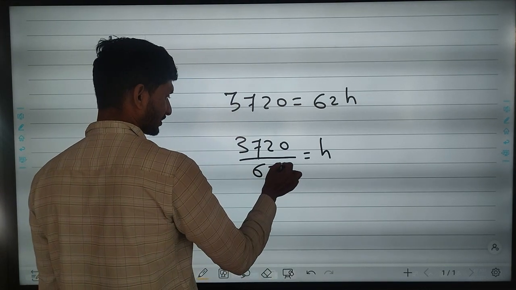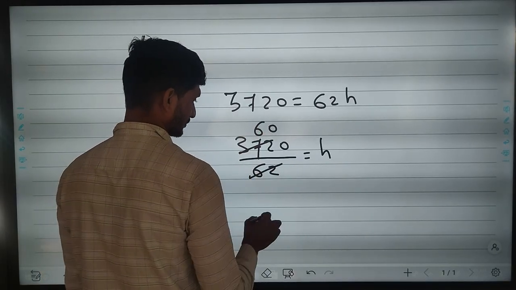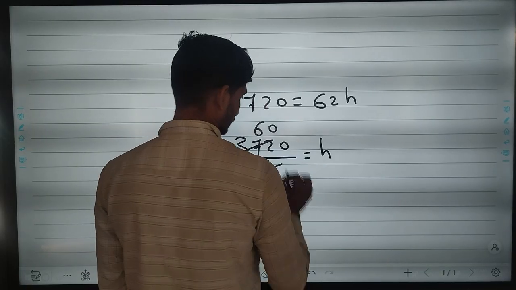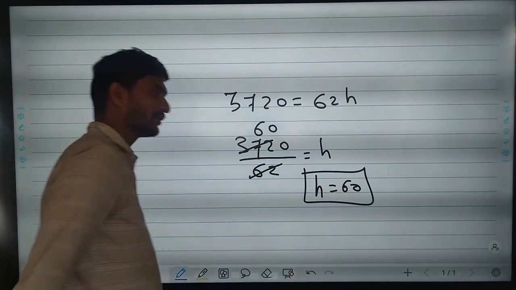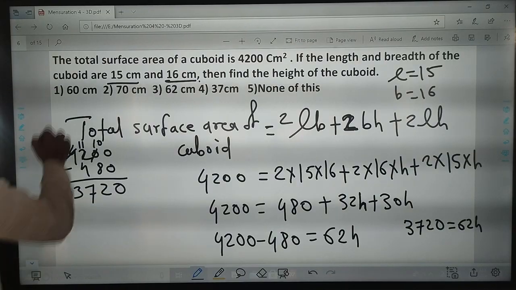Now your value of height is equal to 60. Value of height is equal to 60 centimeter.